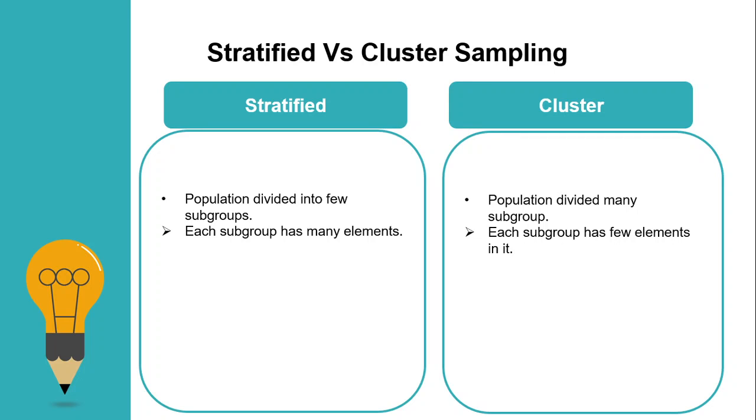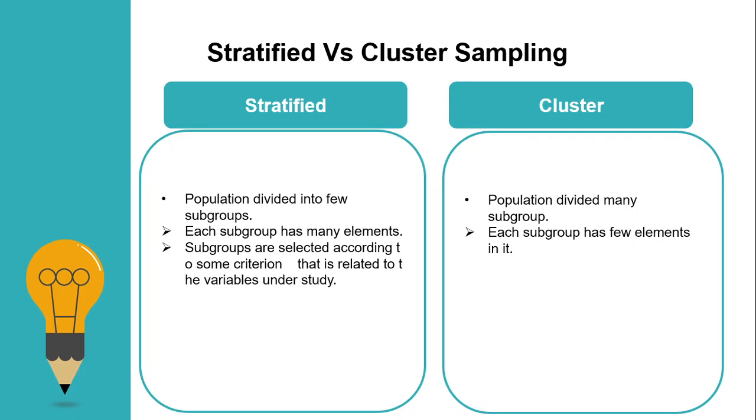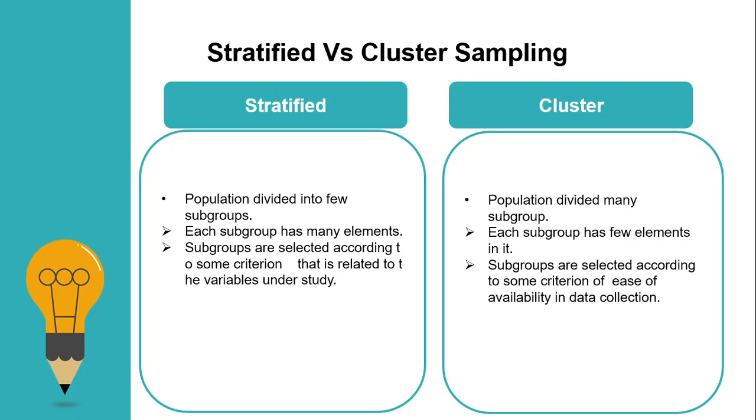The stratified subgroups are selected according to some criterion that is related to the variables under study, but in cluster sampling, subgroups are selected according to some criterion of ease of availability and data collection.